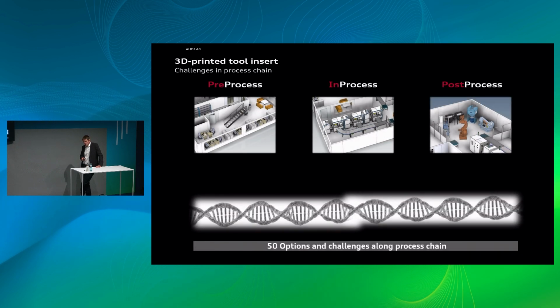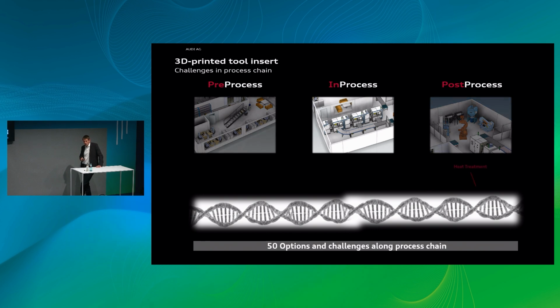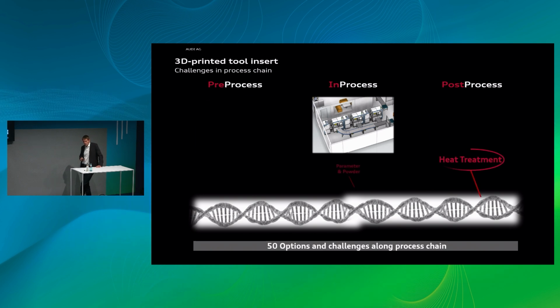So, coming to a short conclusion. It is more or less a discussion about process chains: the pre-process, the in-process, and the post-process. And of course, there are around 50 options you have to develop for your own purposes of these tool segments.